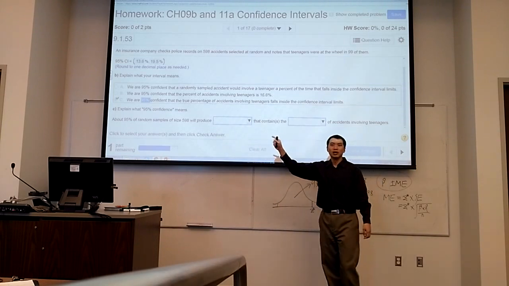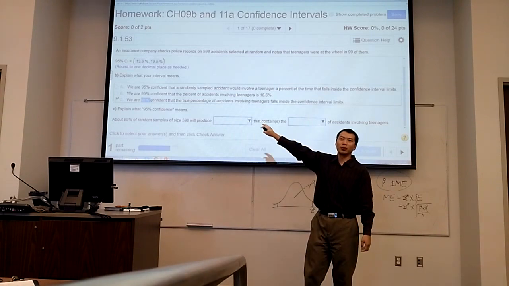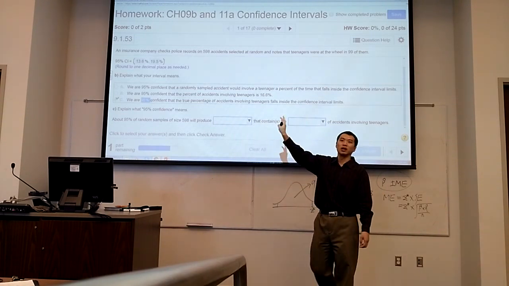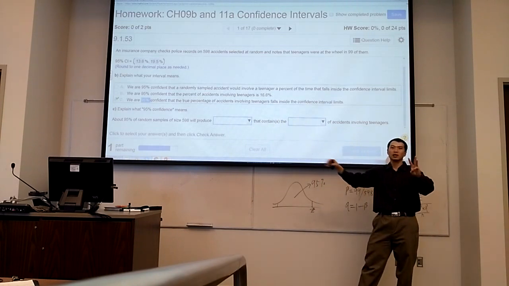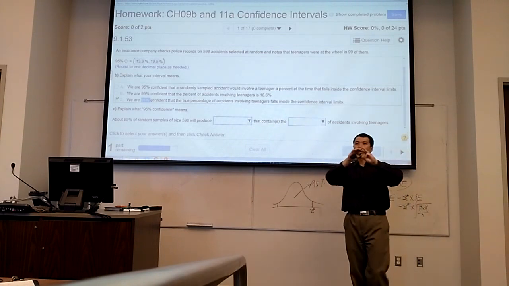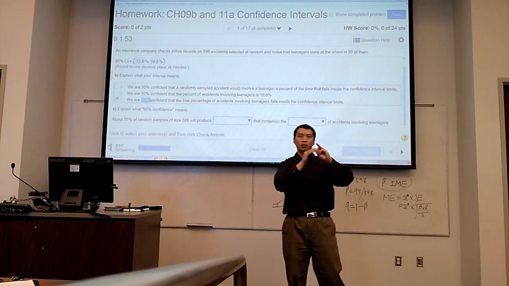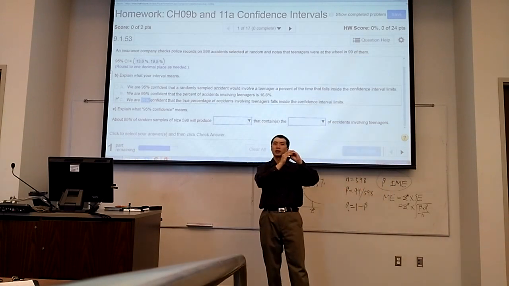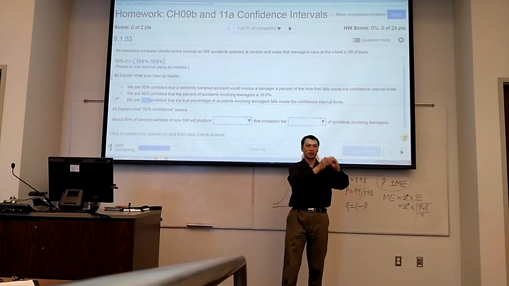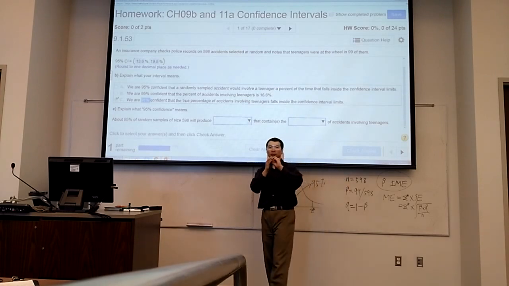If the description is different from the template, that's wrong. This is the only way we describe a confidence interval. Three elements: confidence level, the true population parameter, and that it falls into this constructed interval.